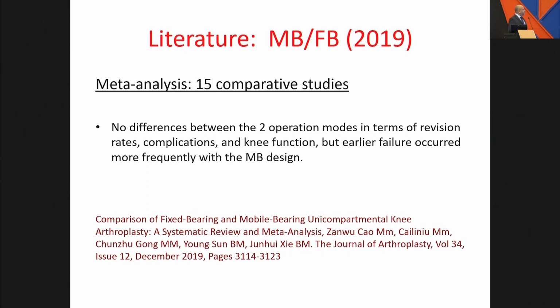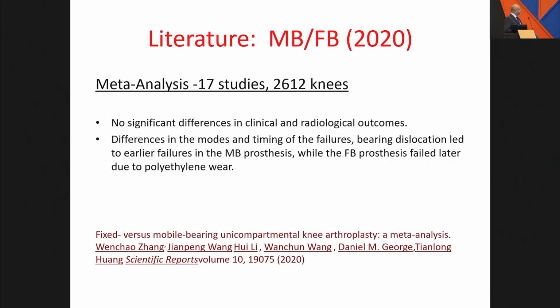2019 meta-analysis, 15 comparative studies, and the conclusion is there is no difference in the two operations in terms of revision rates, complications, knee function, but earlier failure can occur in mobile bearing design because of that flipping poly.